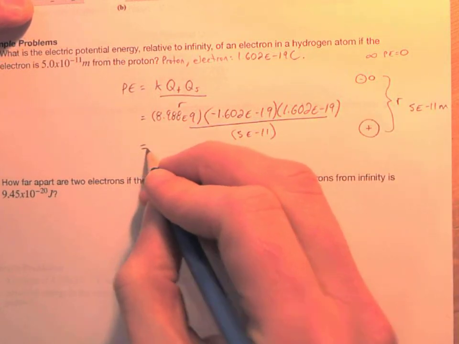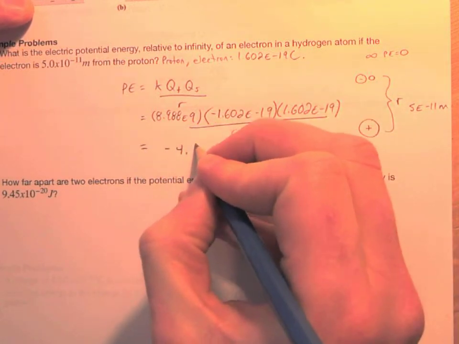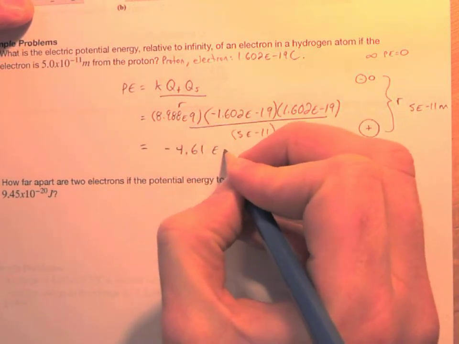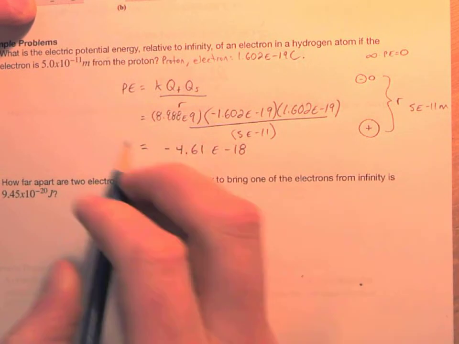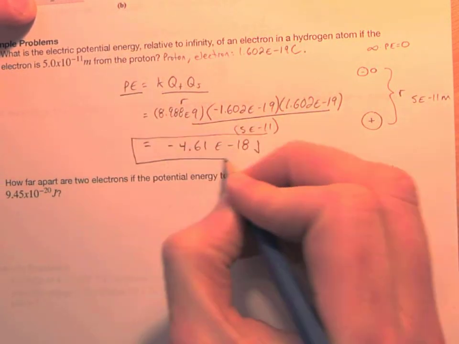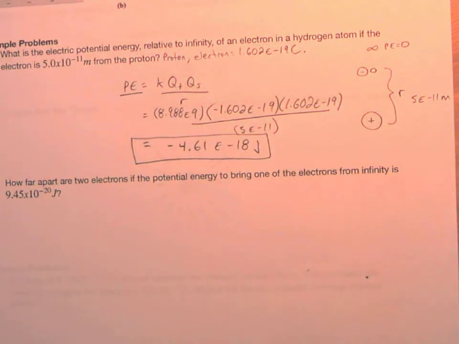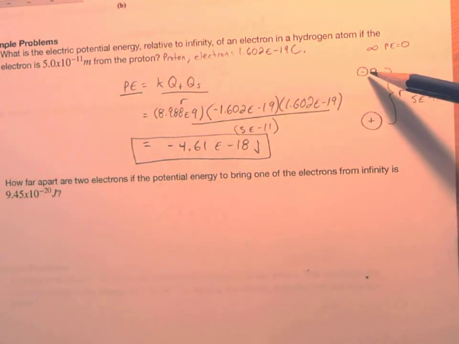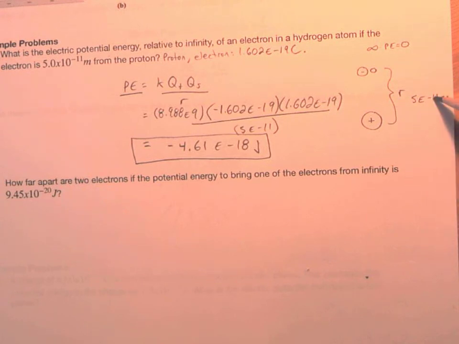We plug that all into our calculator and we get negative 4.61 e to the negative 18. And what unit do I put on? It's potential energy, so it has to be a joule. So a very small amount of potential energy. For something like that, it's probably because they're so close to one another and there's not much more space to go. Only a very tiny portion of a meter left to go.